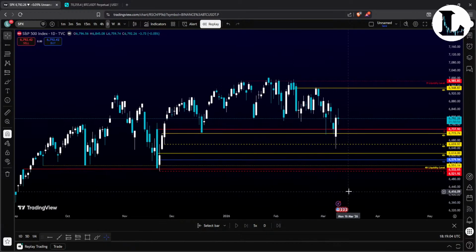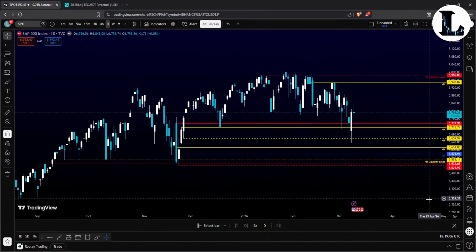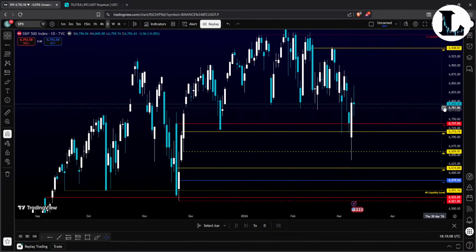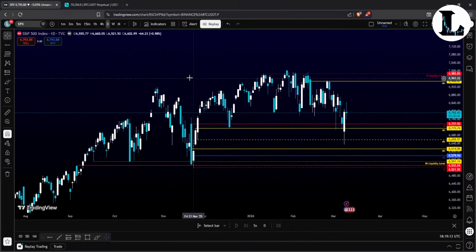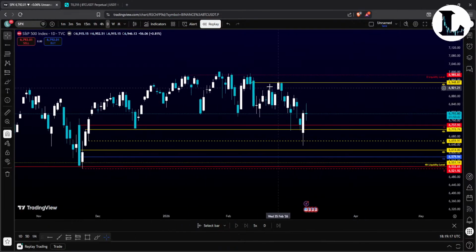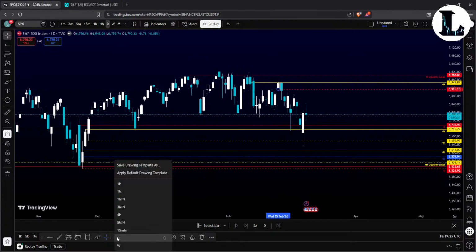And of course, the higher time frames are going to be the ones that dictate the price movement. On the top, I don't even need to have that line over there, I believe. So, strong daily here, right?